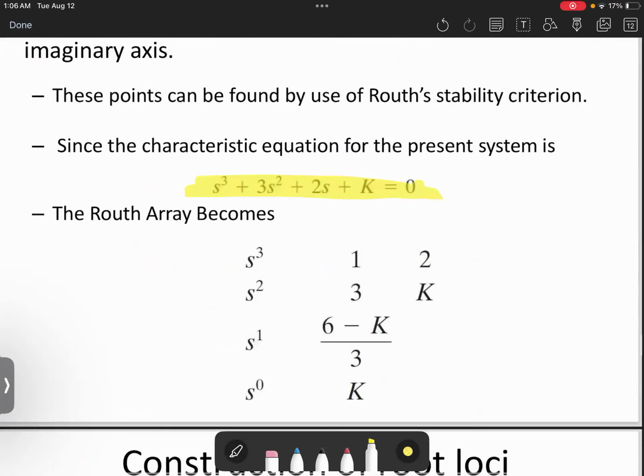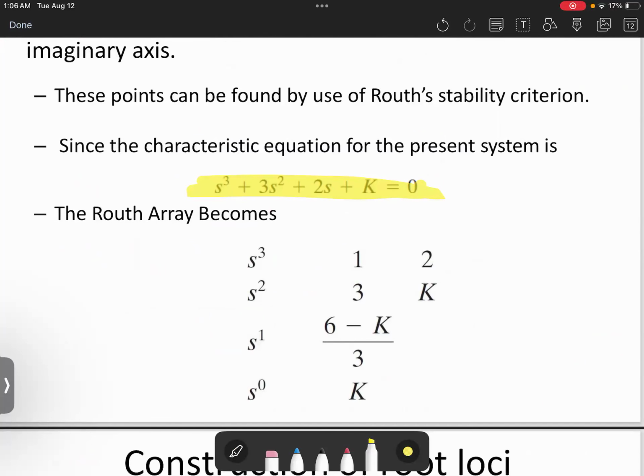In order to do the Routh-Hurwitz, first put here 1, 3, 2, k. Then to identify the other elements, you can say -1, 2, 3k divided by 3, which will make it (6 minus k) divided by 3, and that's what we got here.